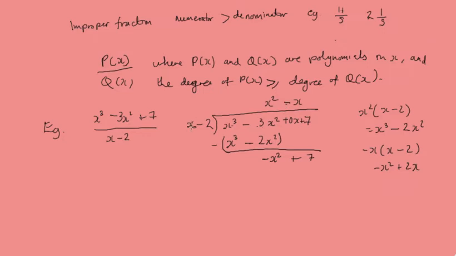So we do that, and this will come down here, plus 0x plus 7.